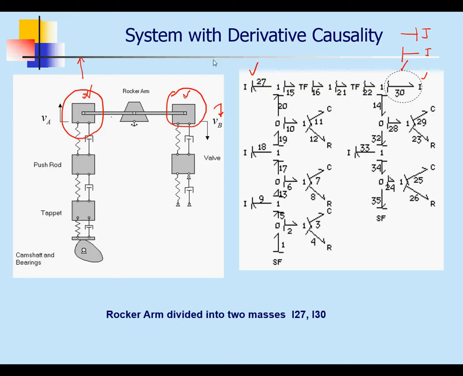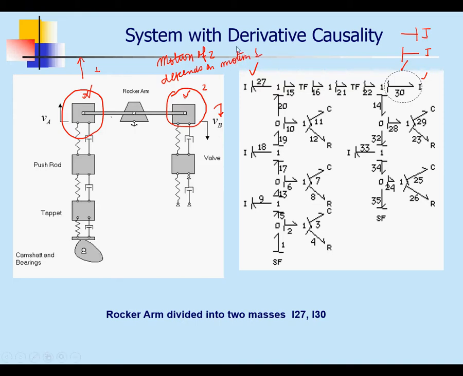So, let's name this 1 and this one 2. Isn't it fair to conclude, or you may say it's logical to conclude, that the motion of 2 depends on the motion of 1?